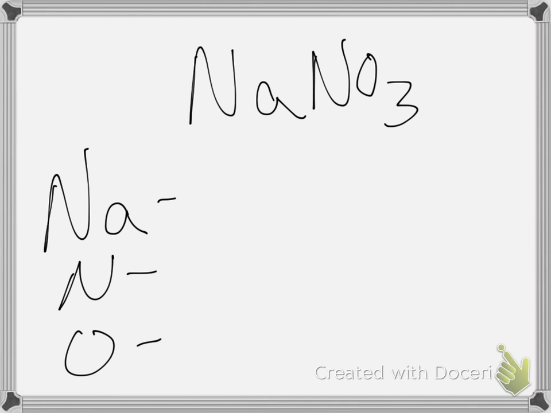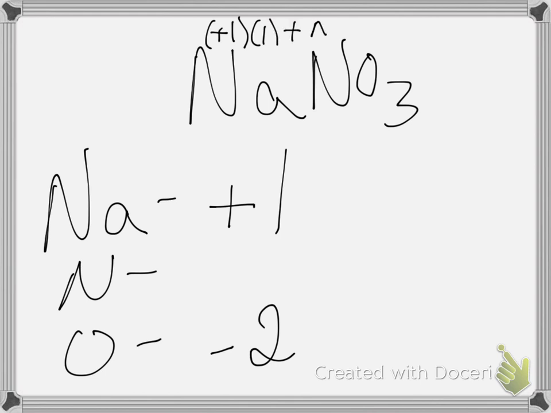Sodium has a rule of +1 always, right? It's a group 1 metal. Oxygen has a rule of -2. Nitrogen does not, so let's do some math. +1, and there is one of them, plus nitrogen, and there's one of them, plus oxygen, which is -2, and there are 3 of them.